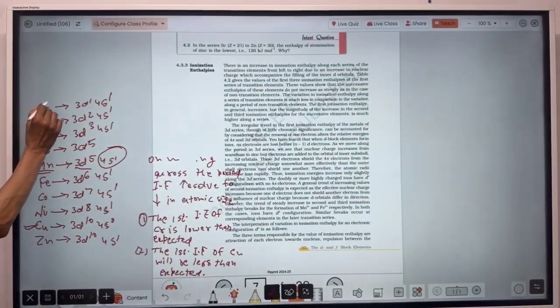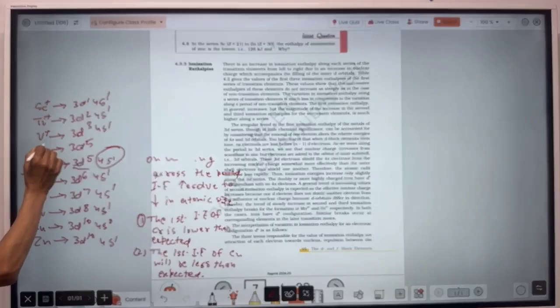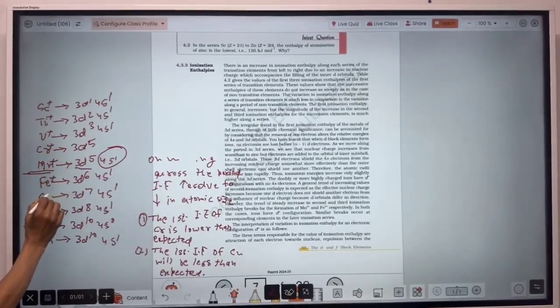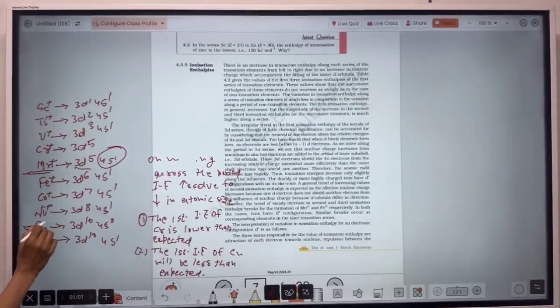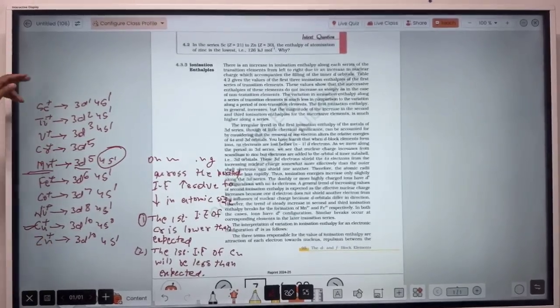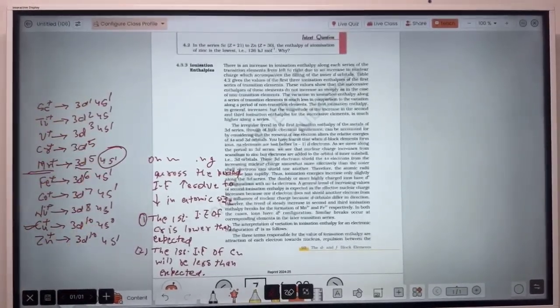After releasing one electron, there will be a positive charge on every element. This is the electronic configuration of this ion.